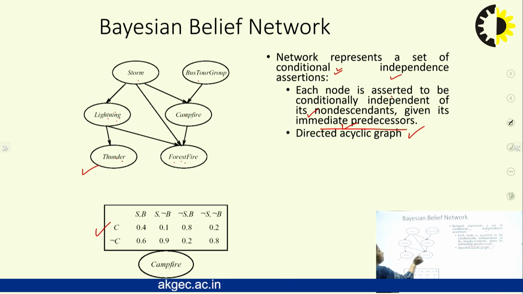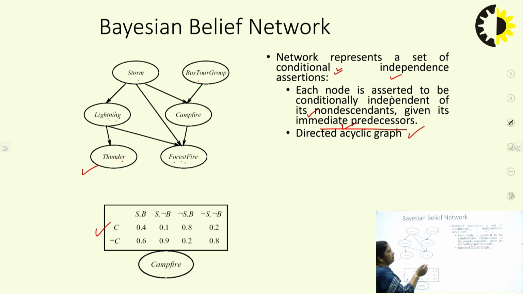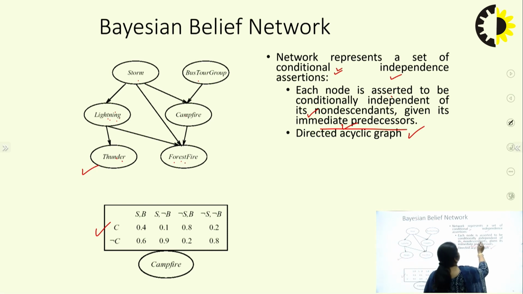We have variables representing the problem. Those have some independence, some causal relationship. When the immediate predecessor is given, each node is asserted to be conditionally independent of its non-descendants. What else is given? A probability table is given for each and every node.